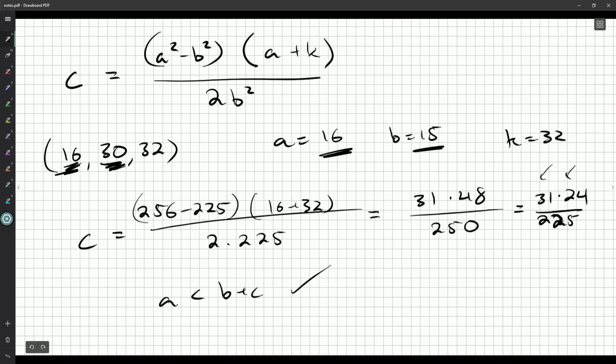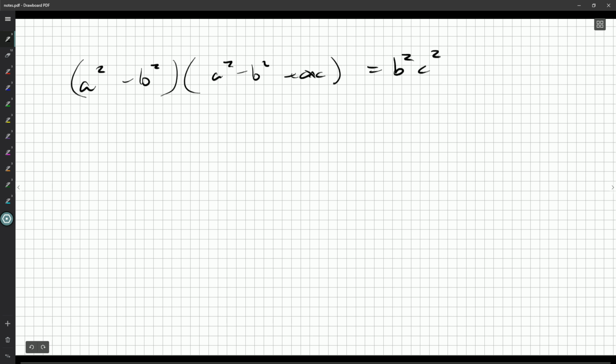Because if I were to go ahead and multiply, what do I want to do here? Because the original expression we started off with was a squared minus b squared minus b squared plus ac is b squared times c squared.